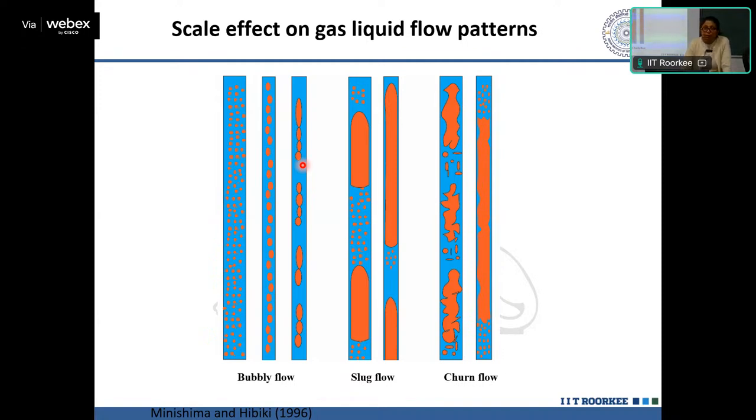If you recall, in the last tutorial, when we moved from 2 mm to 1 mm, we saw such long plugs. So this is the effect of narrowing down, the effect of increase of surface forces. And the churn, this is for 5 mm, this is for 1 mm. Churn is basically a very unstable regime in macro. However, the form changes in miniature geometries.